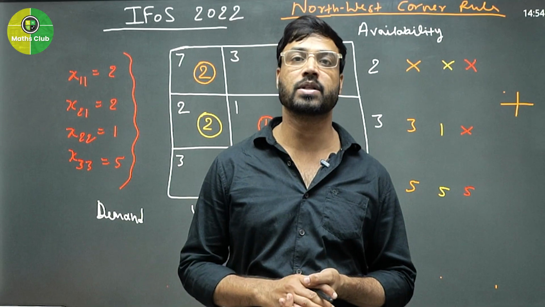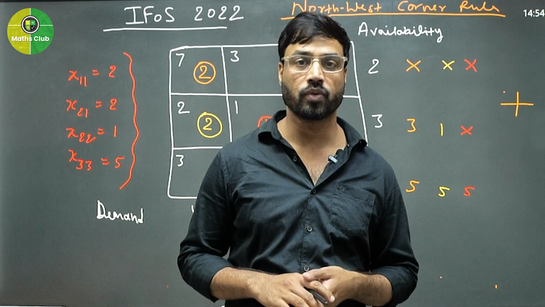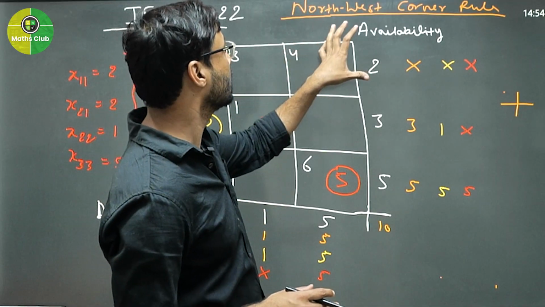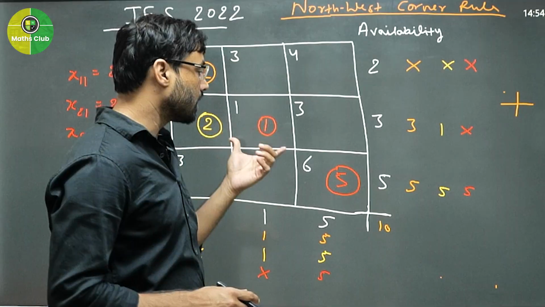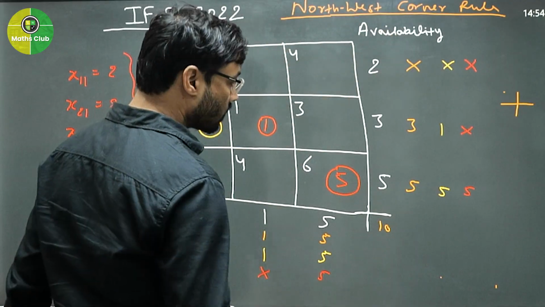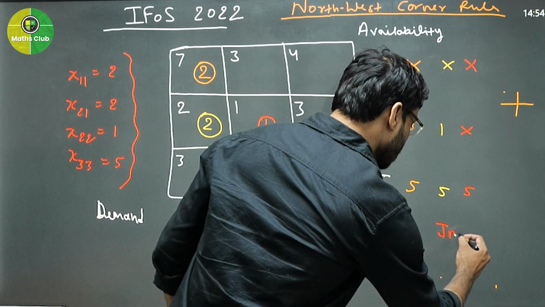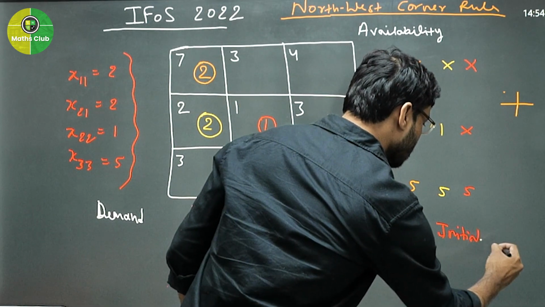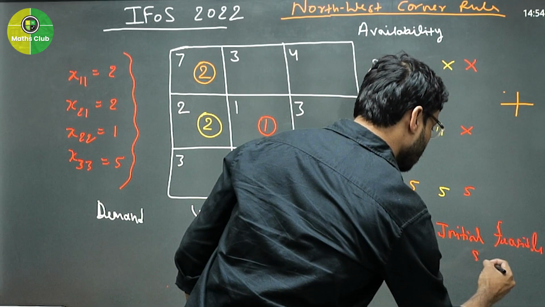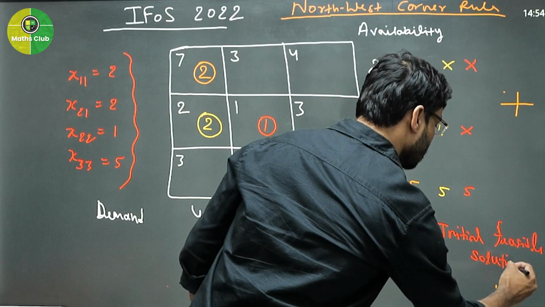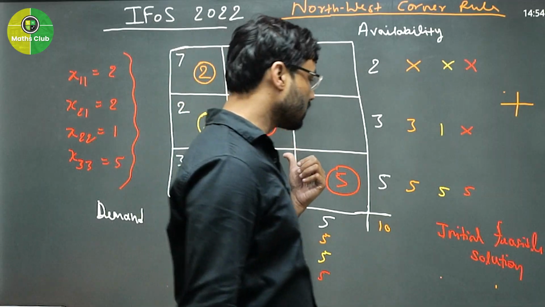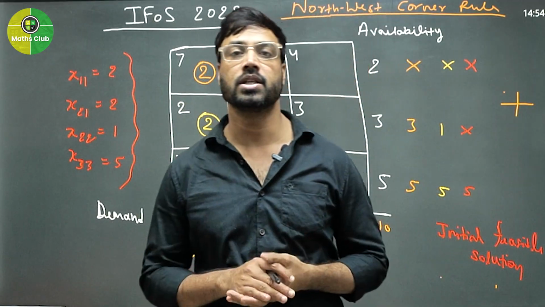But if the question asks only for the initial feasible solution by the northwest corner rule, that is what we have discussed here. So this is all about the initial feasible solution of this problem.